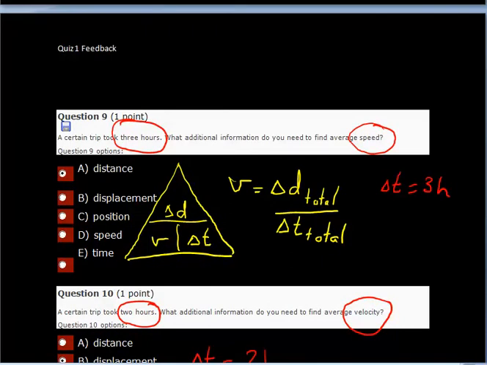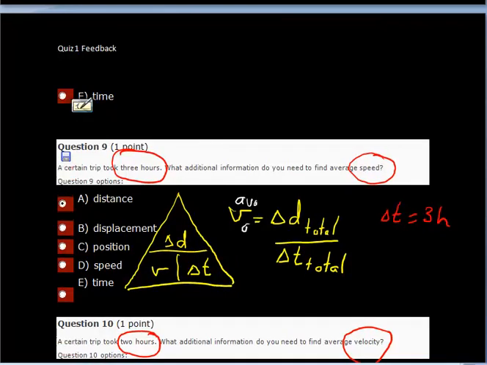Number 9. A certain trip took 3 hours. What additional information do you need to find the average speed? Again, triangle. Make sure you know this triangle. Speed is equal to distance divided by time. Your total distance divided by time if you want the average speed.